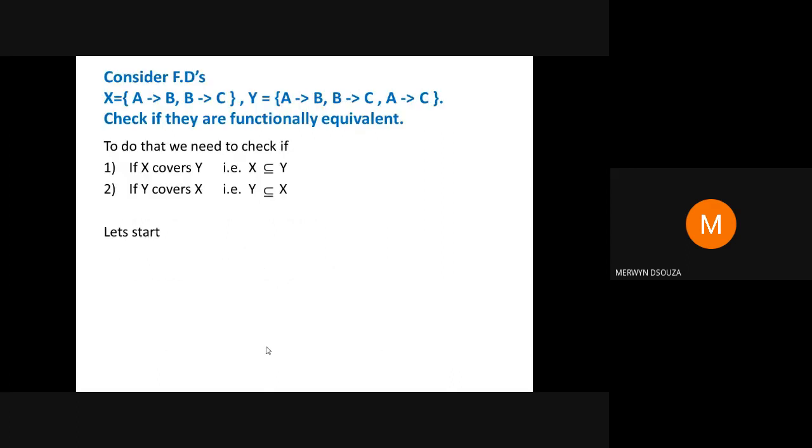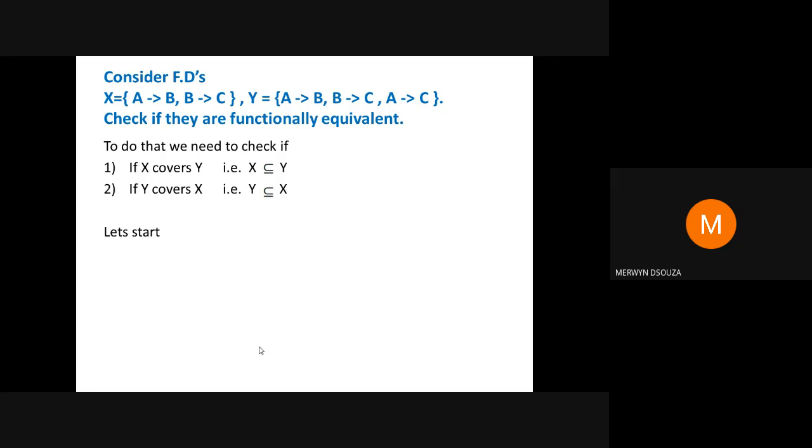Consider two sets of functional dependencies, X and Y. In X, the functional dependencies are A determines B and B determines C. In Y, the functional dependencies are A determines B, B determines C, and A determines C. The question is to check if they are functionally equivalent.